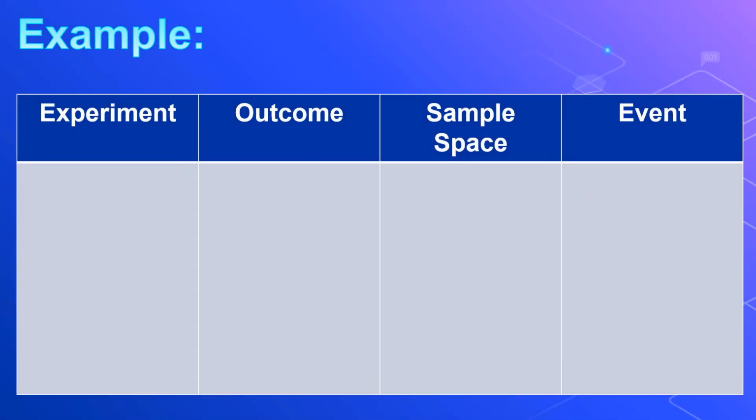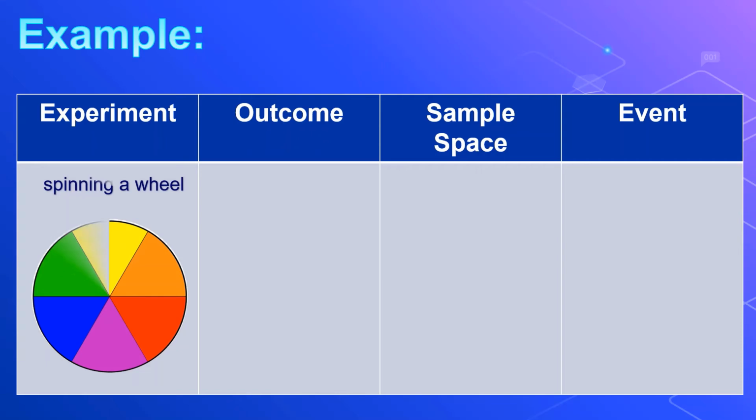For better understanding, let's have more examples. So if our experiment is spinning a wheel, what are the outcomes in spinning a wheel? So we have a red, or an orange, or a yellow, a green, a blue, or a violet.